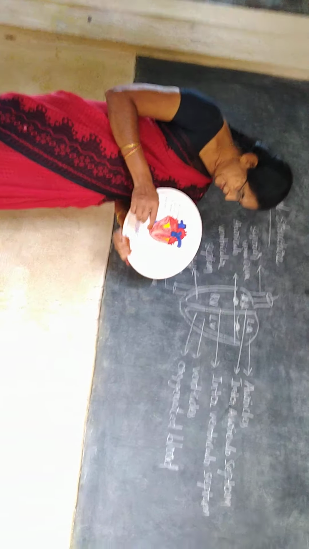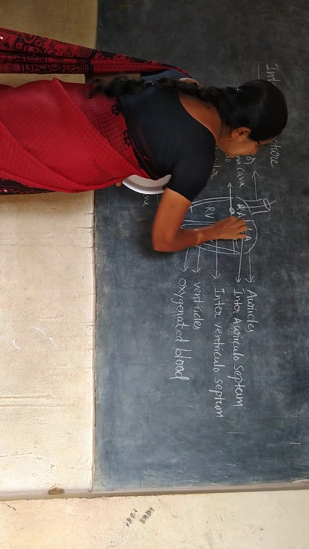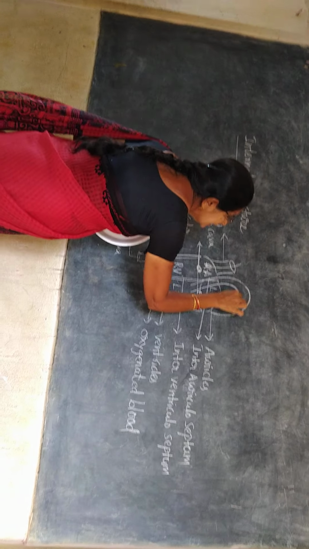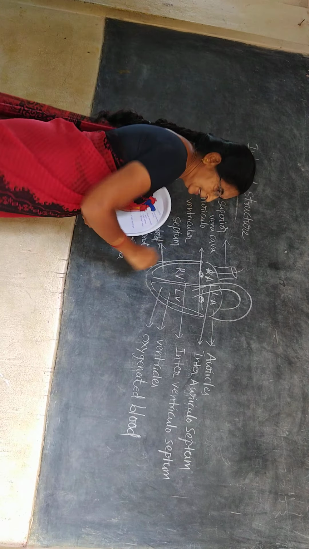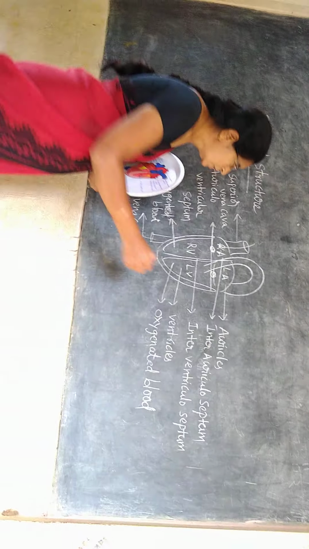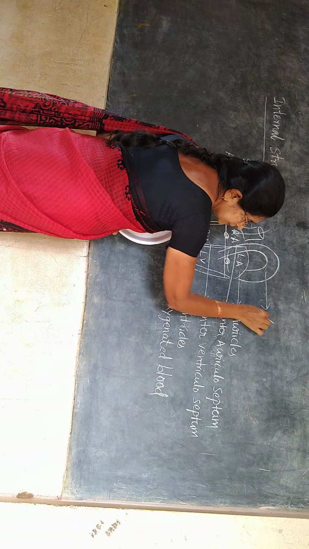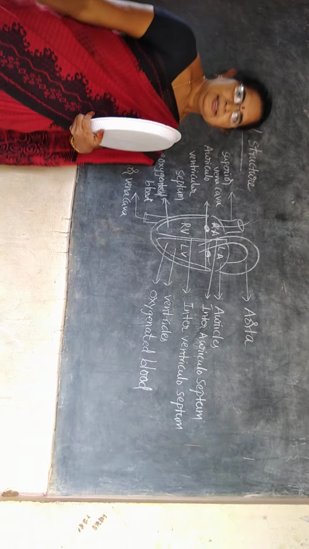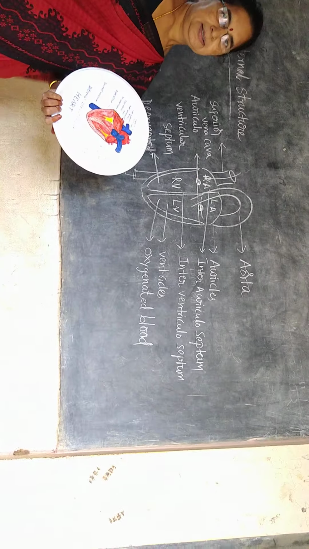If you observe the blood vessel which is arising from the left ventricle, that is called the aorta.